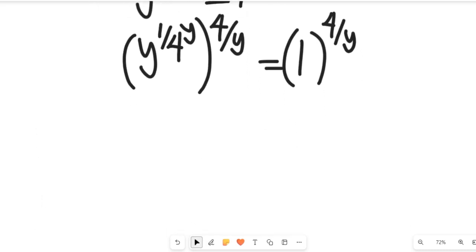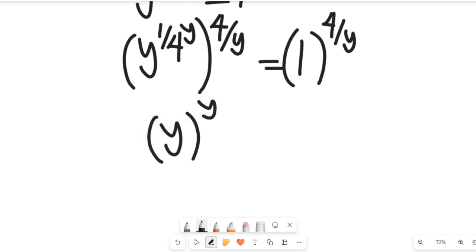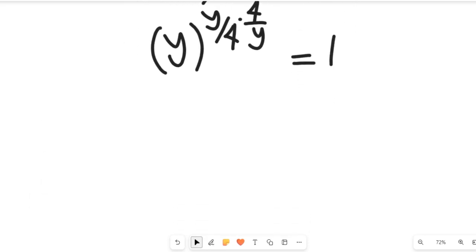On the left hand side, you come to see that y to the power of y divided by 4 will multiply 4 divided by y, and that will give us 1, and this will be equal to 1 to the power of 4 divided by y, which will simply give us 1.